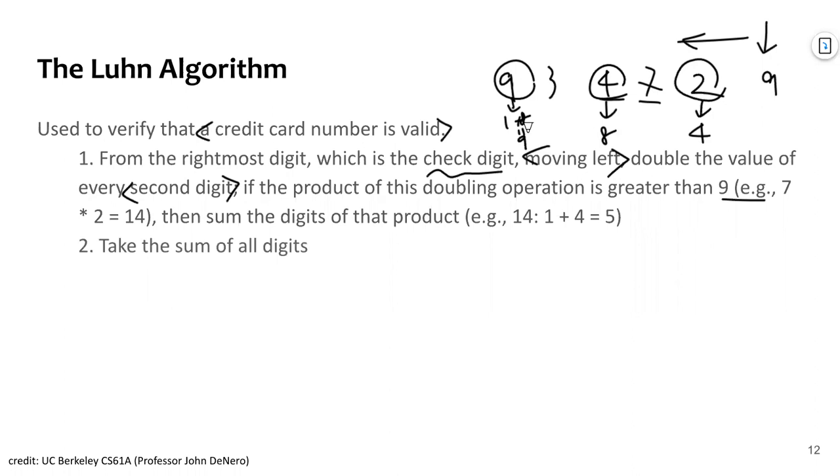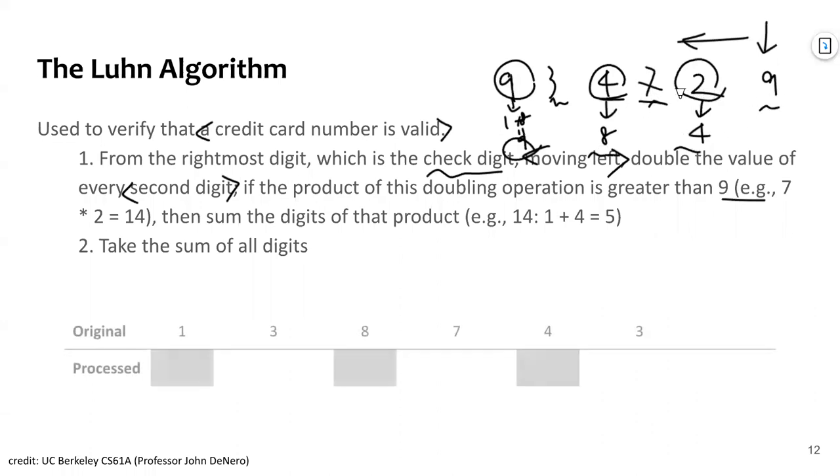And what we are going to do is sum these numbers, 9, 3, 8, 7, 4, and 9. So for example, if we have 1, 3, 8, 7, 4, 3, can you guys calculate the result of the Luhn algorithm when we input this number 138743?